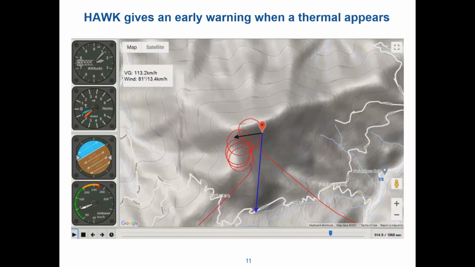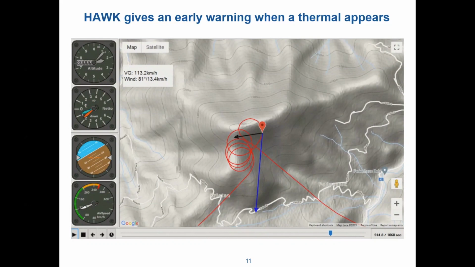Okay, let me summarize. The most important and really innovative step is Hawk does not respond to horizontal gusts, no surge cycles. Second, a smooth early warning to get into the thermal.